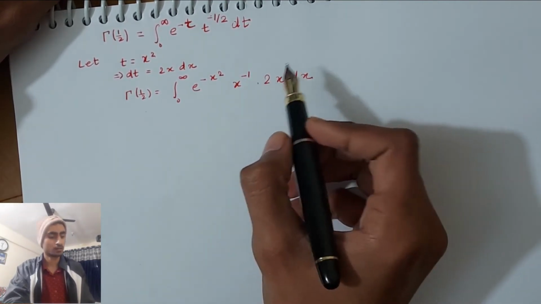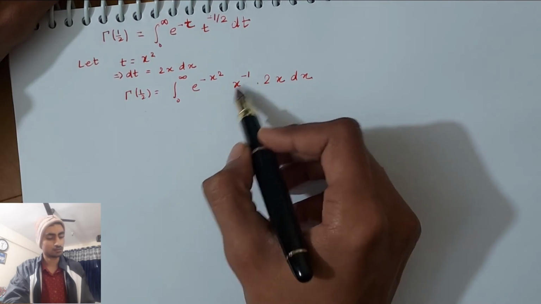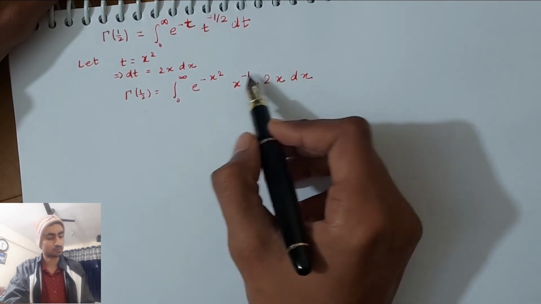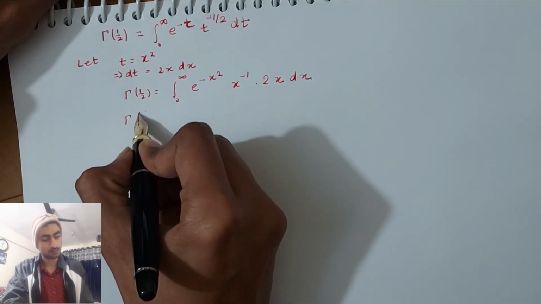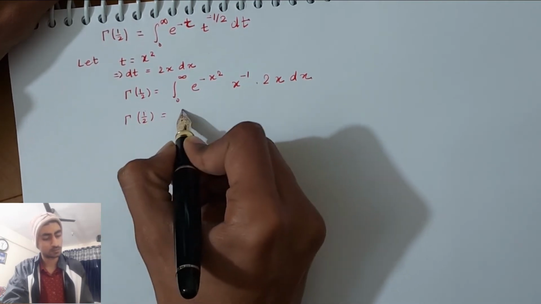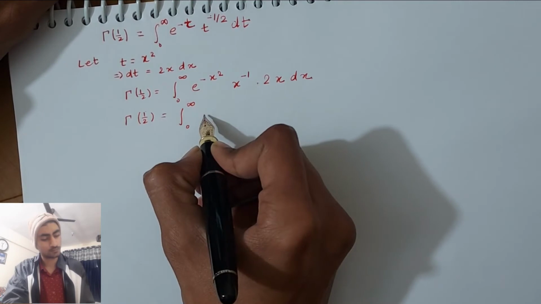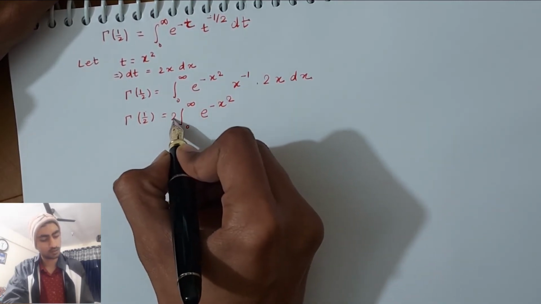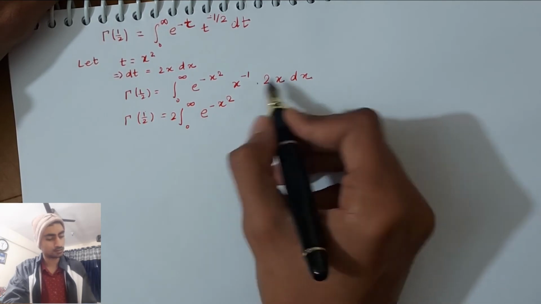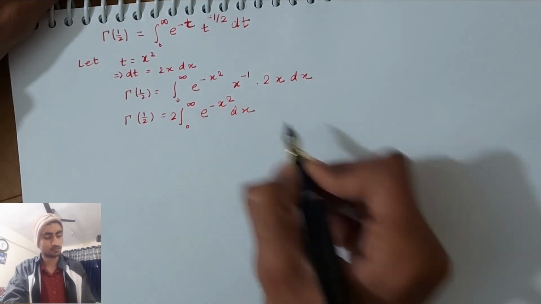So we can see this x and this x will get cancelled, minus 1 plus 1 is 0. So we can write gamma of 1/2 is equal to 2 times the integral from 0 to infinity of e to the power minus x squared dx. Simple.